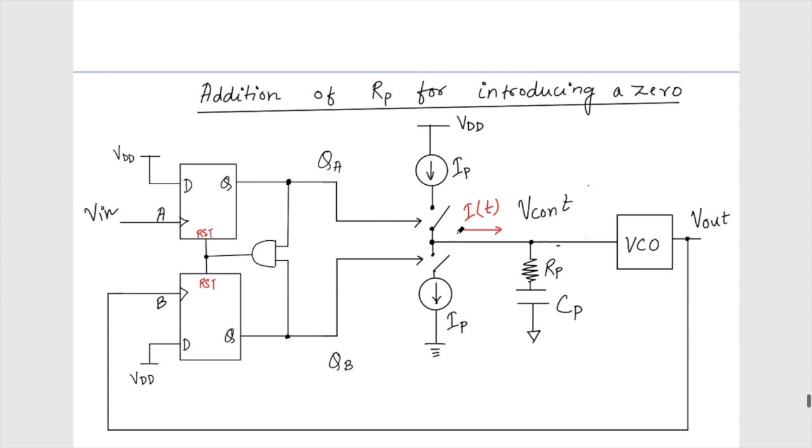Because of the IR drop, whenever the switch is on, a voltage difference of Ip into Rp appears across this Rp, and whenever the current is off, it goes away. Similarly, it happens when this one also turns on, but in the reverse way.